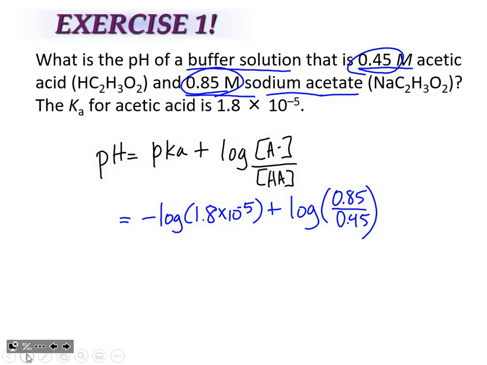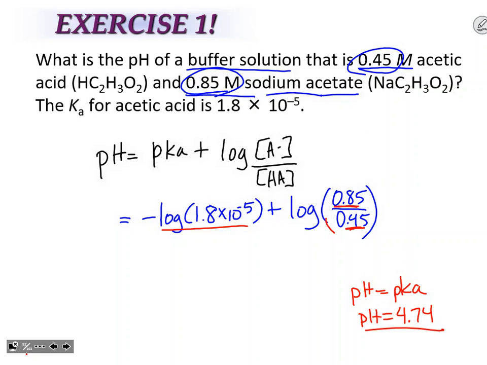Now what you should also be examining and looking at is the base component is a little bit higher in concentration than the acid component. If this was 1-to-1, then the pH would equal the pKa. So if the pH equaled the pKa, this is where it would be, 4.74. If they had equal amounts of the buffer components, but we don't have equal amounts of the buffer components. We have slightly higher of the base, so our pH should be slightly higher than that 4.74.